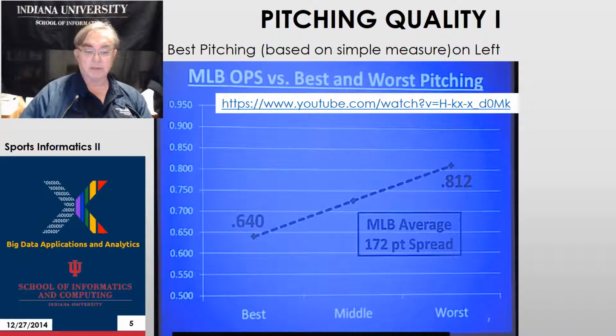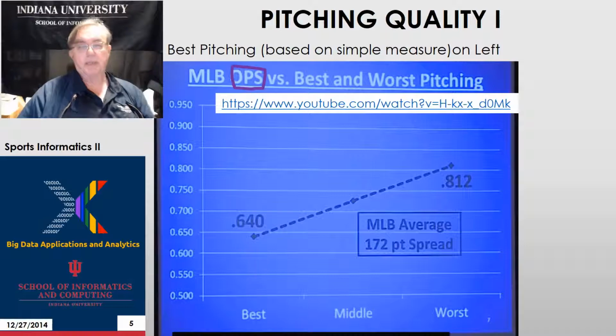So here is an interesting plot of the OPS, which we introduced as a measure of batting involving slugging and on base. This is on base plus slugging. And then you could use some measures such as ERA or FIP about pitching.